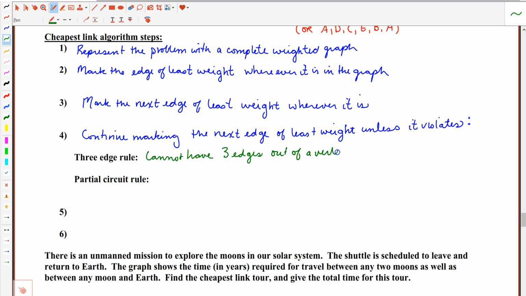Okay, so you can continue grabbing any edge unless it violates one of these 2 rules. So assuming that it doesn't violate any of these rules, you're going to keep running through this until you get to the step that you can connect the vertices that will close the circuit.